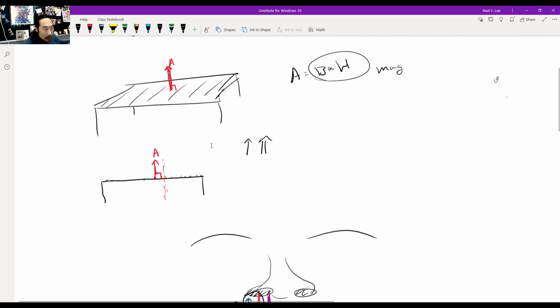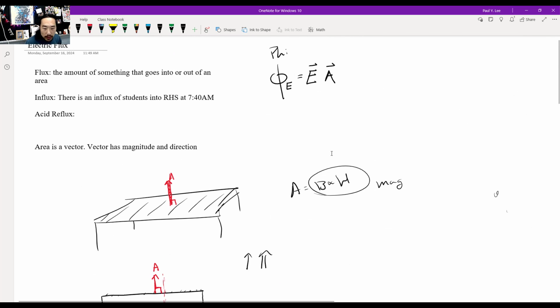Let's go back to this formula here. If we take a look at this formula, the question now becomes, are we looking at dot product or cross product? The definition here is just the amount of something that goes into or out of an area. If we care about how much goes into or out of an area, that is in fact a dot product, because in order to go through this table we have to move in a perpendicular direction, or in the opposite direction here.